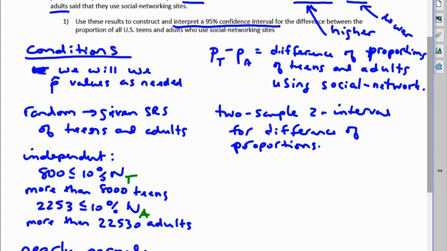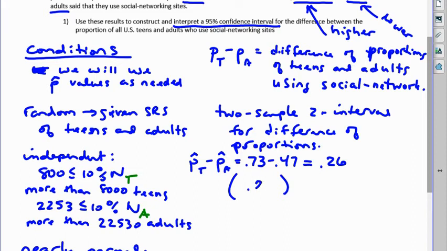And so I need the statistic. I'm going to need the statistic right in here, and that statistic will be what I get from my stats. And so I got 0.73 minus 0.47. So that is 0.26. So I'm going to just put that number right here. This is Z. We're finding Z right now.